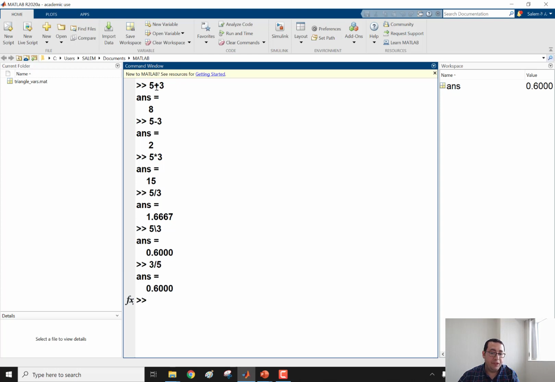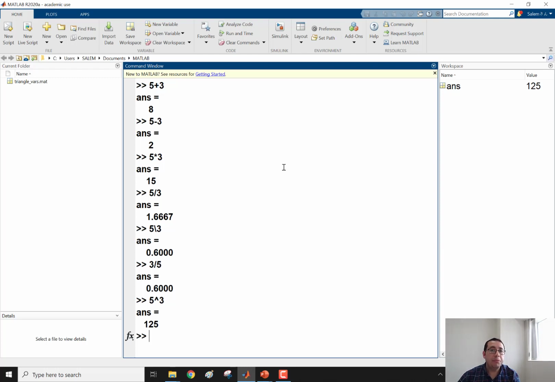It's the same. This is what we explained about right division and left division. And for the power, if we say 5 to the power 3, the answer will be 125. So this is how we can write commands or code in the command window. The most important thing is to move your mouse near the prompt and click, and check that the frame for the command window is highlighted in blue.